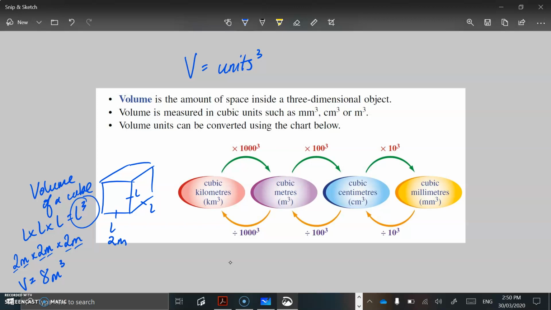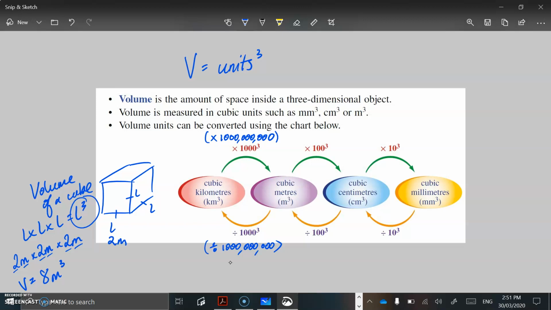So you don't multiply just by 1,000, you multiply by 1,000 cubed. If we expanded that, 1,000 cubed is 1 billion. Going backwards, from meters cubed to kilometers cubed, you divide by 1 billion, and 1 billion has 9 zeros, so you move the decimal place 9 times.